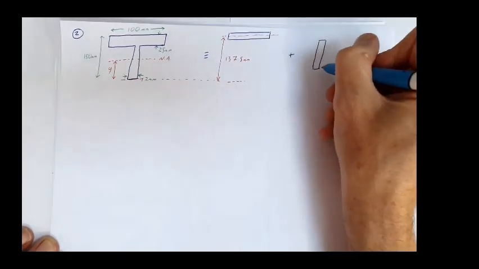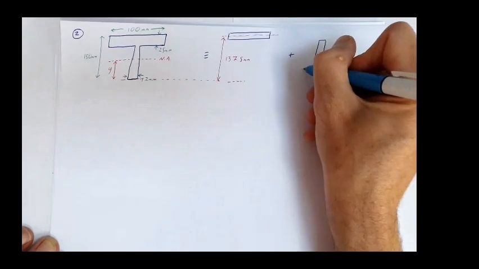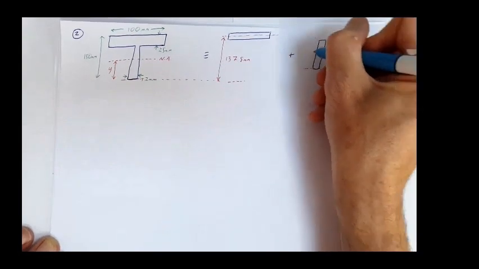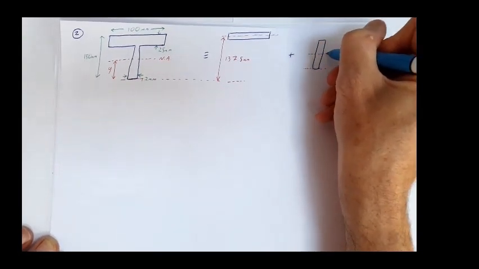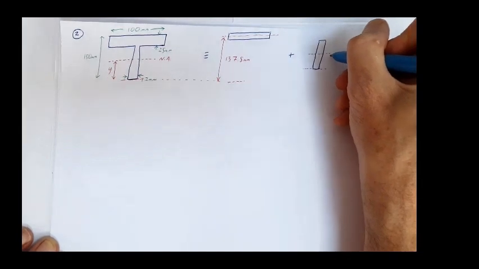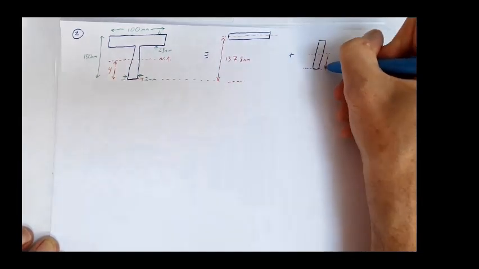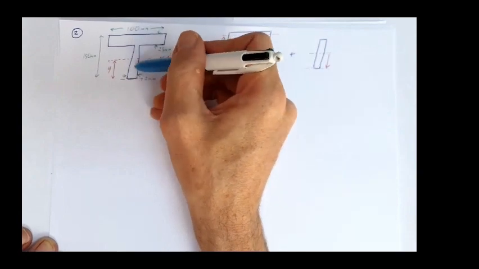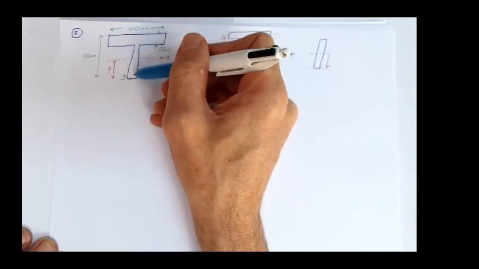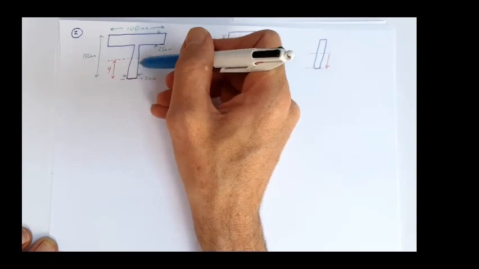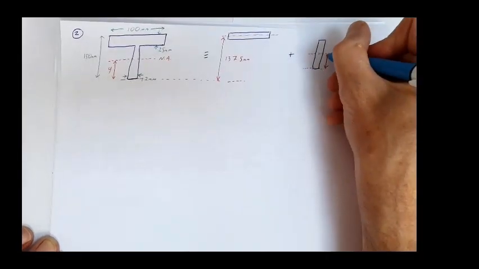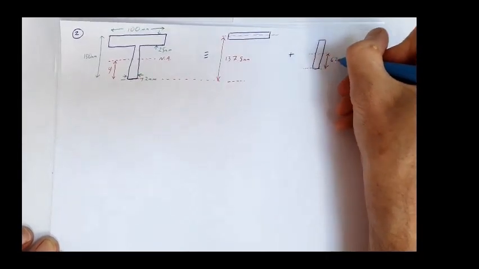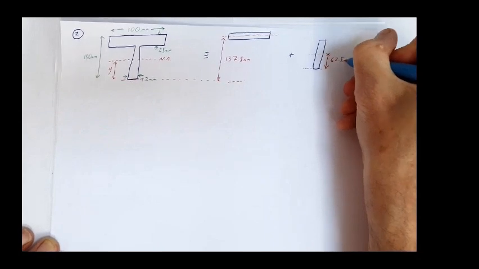And then let's consider the bottom now. The distance to the neutral axis of that part, this bottom section, is 150 minus 25, so that's 125. So the distance to the neutral axis is going to be 62.5 millimeters.